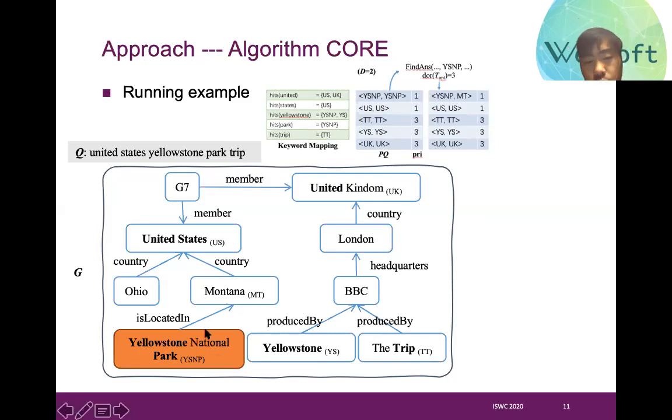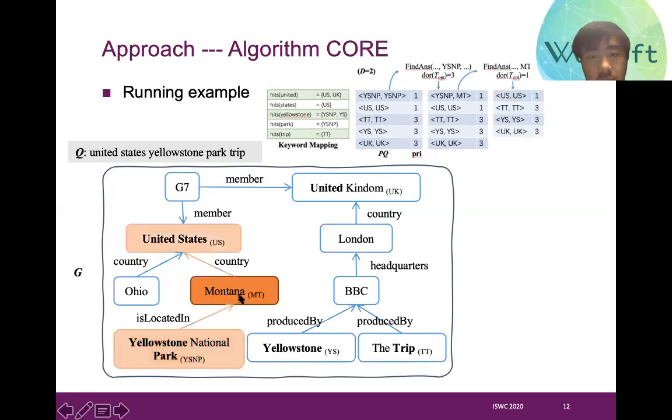Then we continue to explore its neighbor Montana, and by computing distances from Montana to the keyword vertices, we know that with Montana as a certificate vertex, we can find an answer that contains 4 out of the 5 keywords. Then we find this answer very easily. So we update the current best answer.